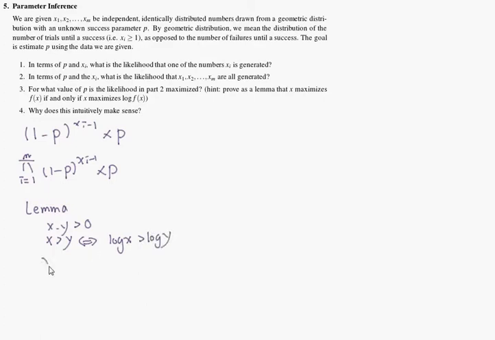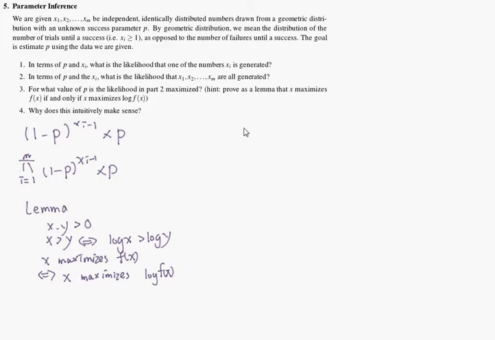Therefore, x maximizes f(x) if and only if x maximizes log f(x). Okay, so to this point, we can solve question 3.